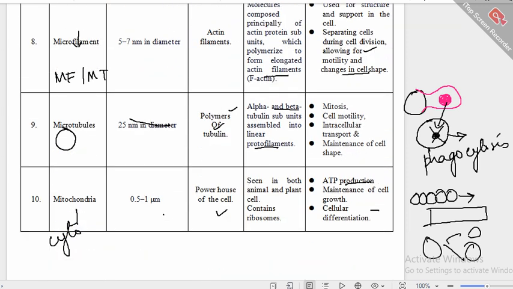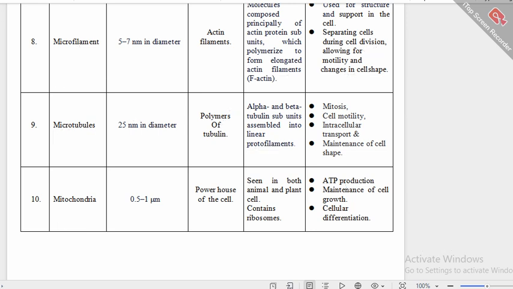Next, one of the cytoskeletons is microtubules. We have already completed two cytoskeletons, and this is the last one.